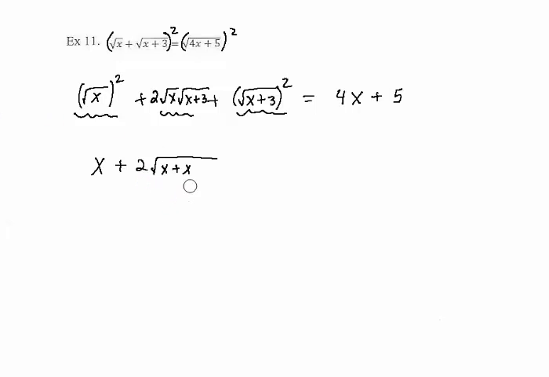This would be x times the other radicand, x plus 3. I just put them both under the same radical. Not much we can do there, but it makes it look nicer. The third term, the square cancels out the square root, and we're left with x plus 3.